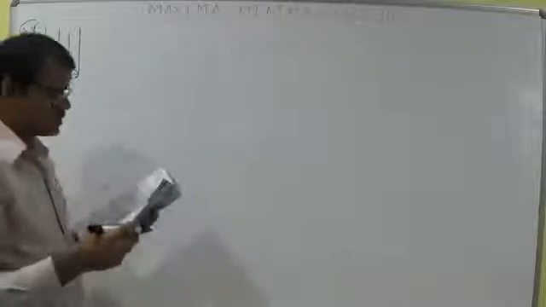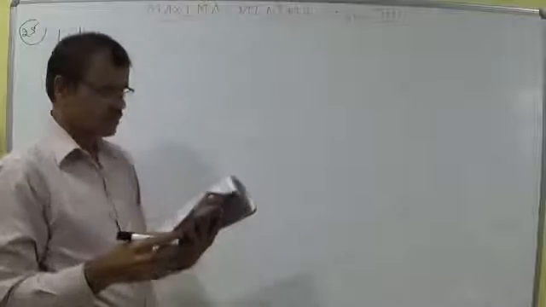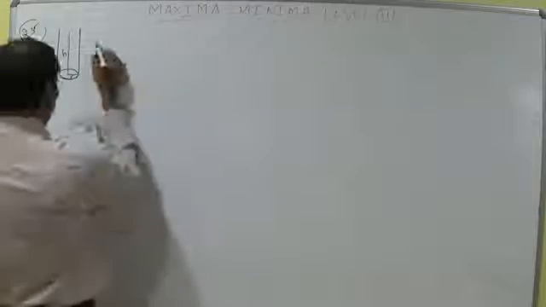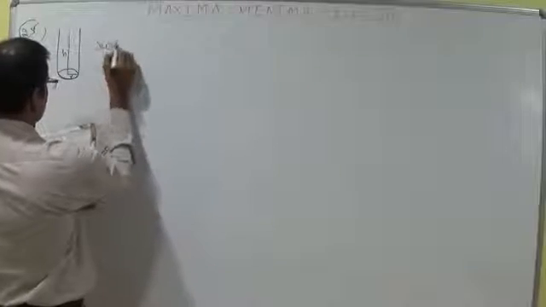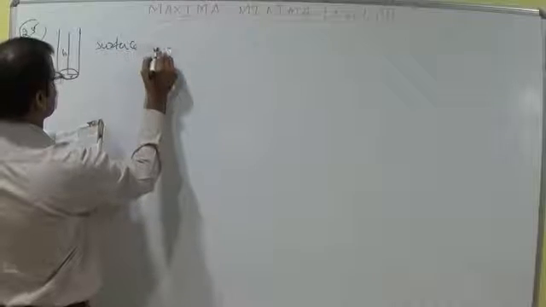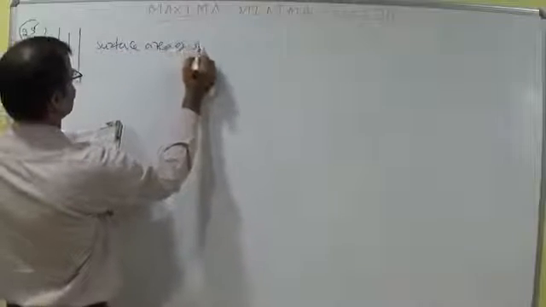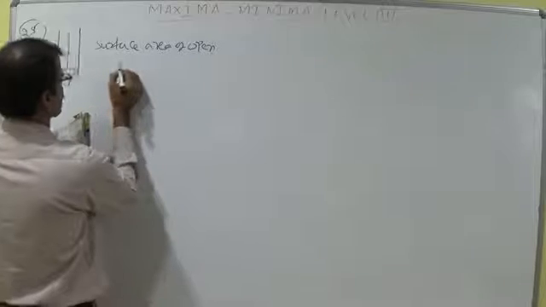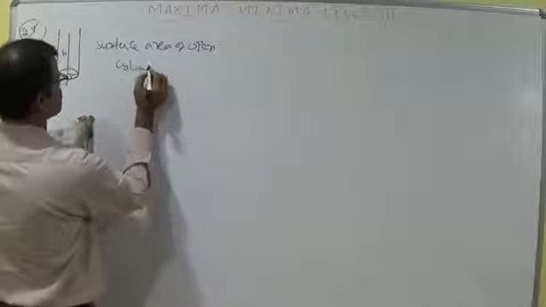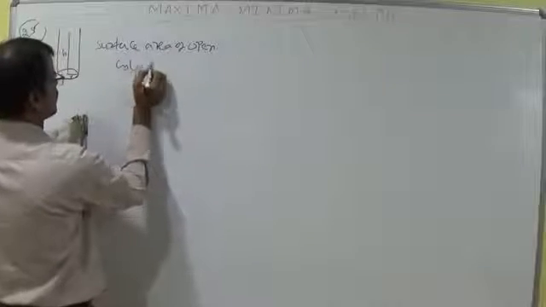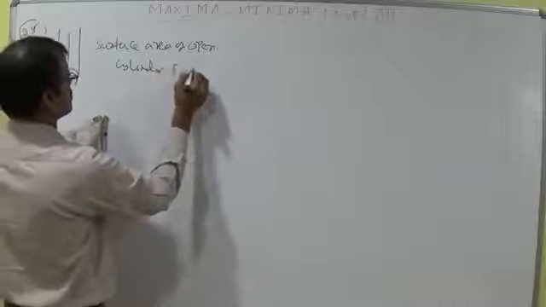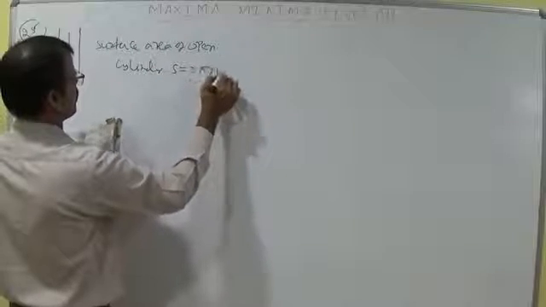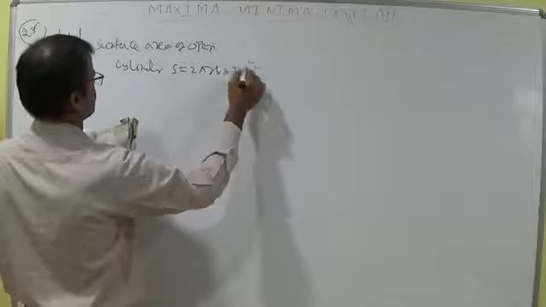An open cylinder of given surface area will have maximum volume. Surface area of the open cylinder: S is equal to 2 pi r h plus pi r square.